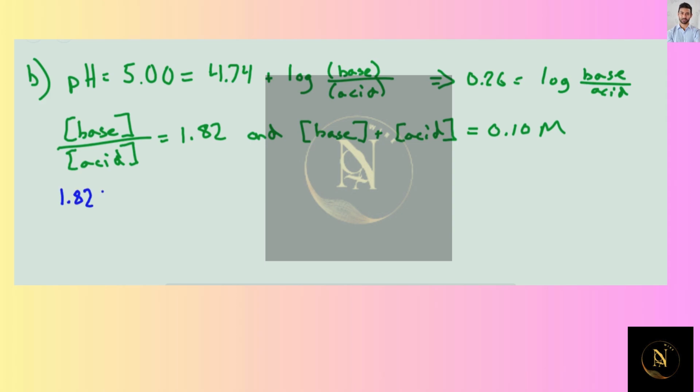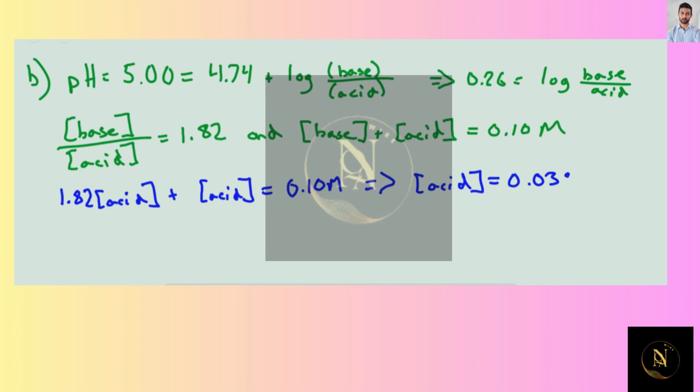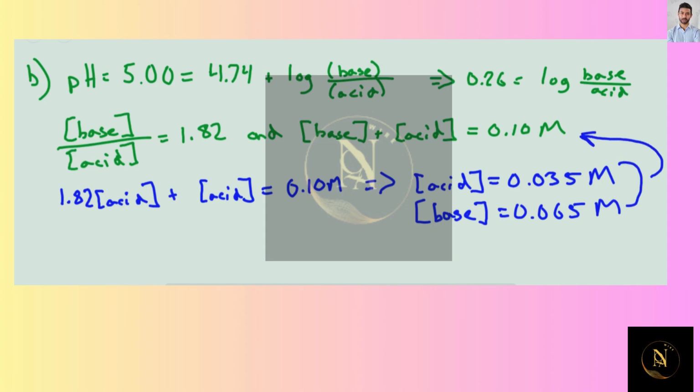So we put 1.82 acid, which we get from the first equation, and plug into the second equation, plus concentration of acid is equal to 0.10 molar. From here, we can solve for the concentration of acid as being equal to 0.035 molar, which means that the base should be equal to 0.065 molar, since they must both equal this value.